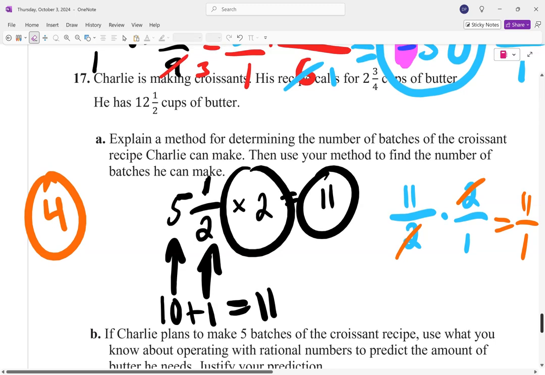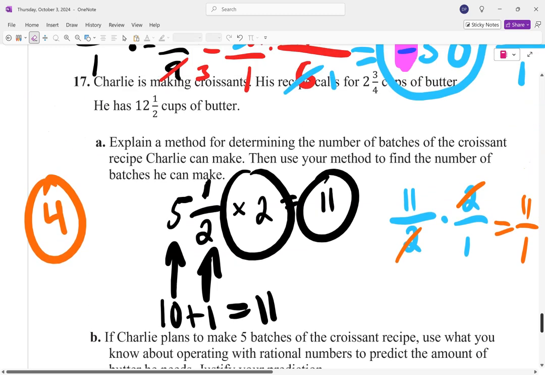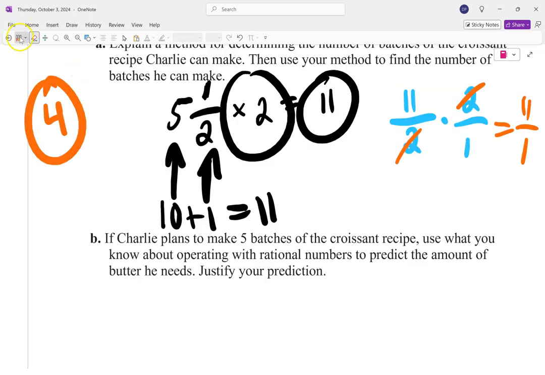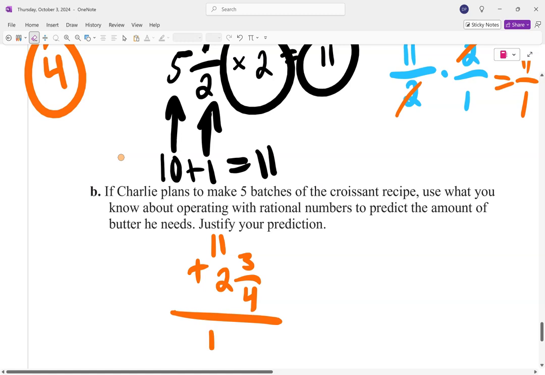That's all they're asking for. We already know though that 11 is 4 batches, so I'm just going to add 11 plus 2 3/4. Or we can do the times 5 too. 11 plus 2 3/4. Okay. So 13 3/4, which is your answer, cups.